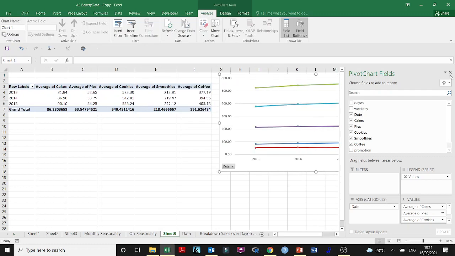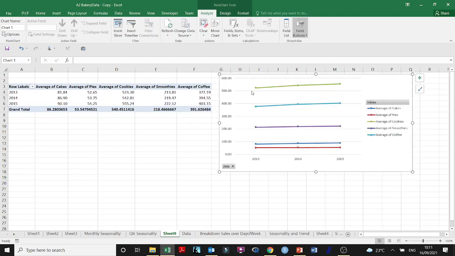Is there any overall trend? Yes, increase in cookies over the years. Over the years, there is also an increase in the average of coffee. Over the years, a slight increase in smoothies.